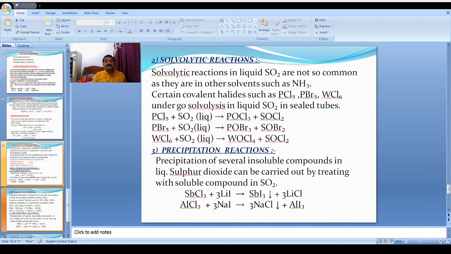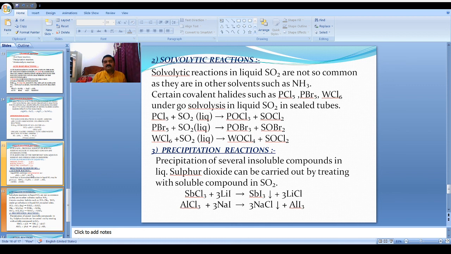And the third one is the precipitation reaction. Again, precipitate means insoluble form of the compound. So precipitation of several insoluble compounds in liquid sulfur dioxide can be carried out by treating with soluble compounds in sulfur dioxide. Antimony trichloride reacts with lithium iodide.